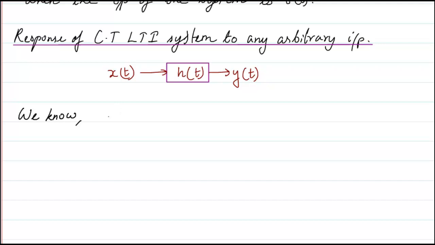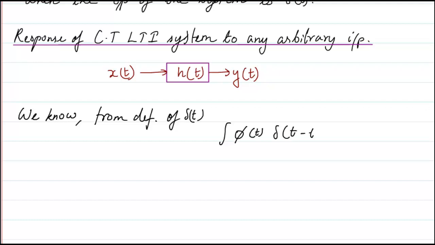Okay, so we know from the definition of impulse function, from the definition of delta t, we already know that if you are integrating any function phi of t with delta, let's say shifted to a value, t minus t naught, dt, we have already studied this, that if you consider anything within the time minus infinity to infinity, it's as good as finding out the value of phi at t naught.